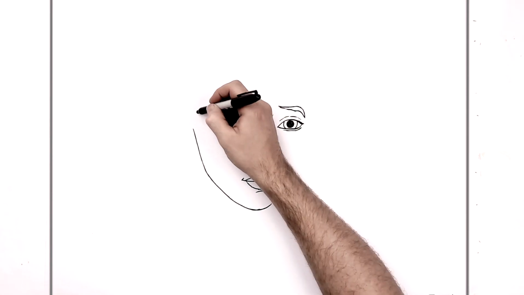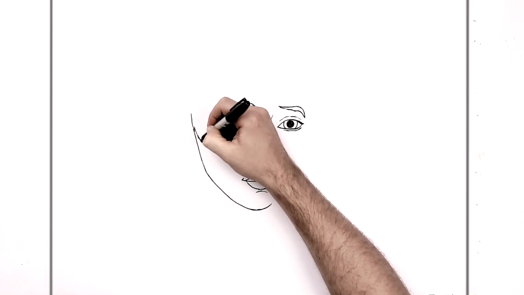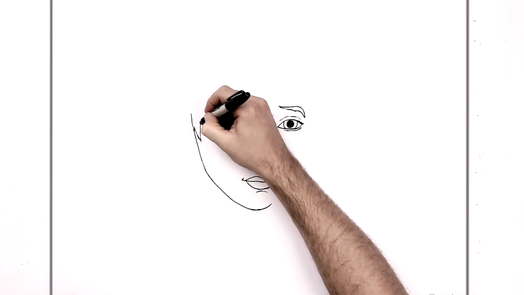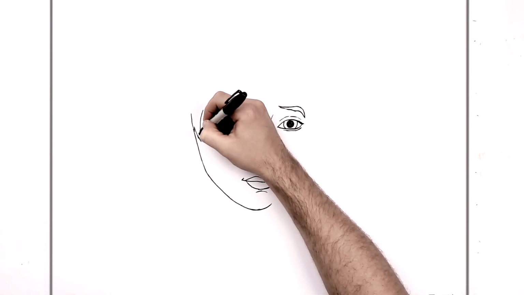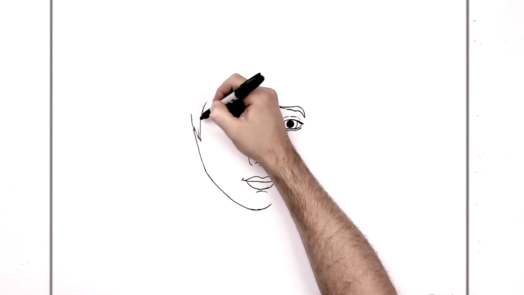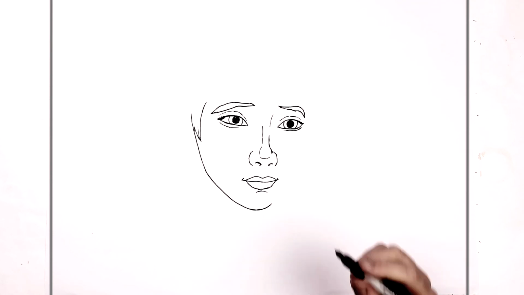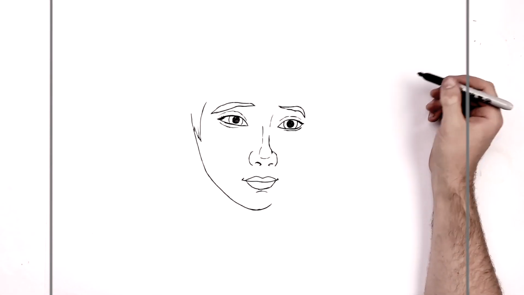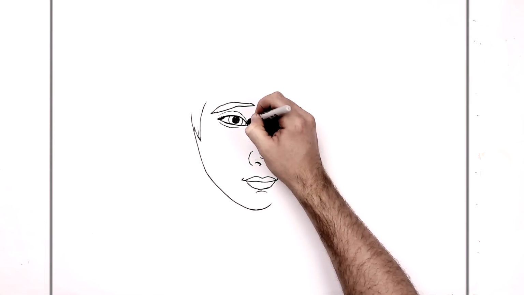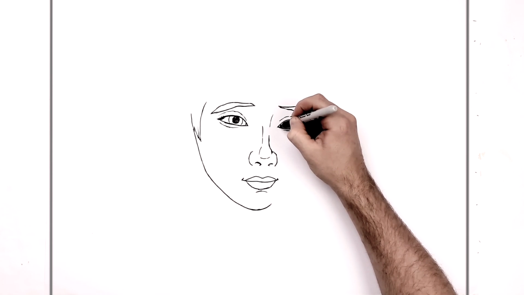And she has a sideburn here, like hair. I think we need to give her a tear duct inside here. Maybe something smaller in here.